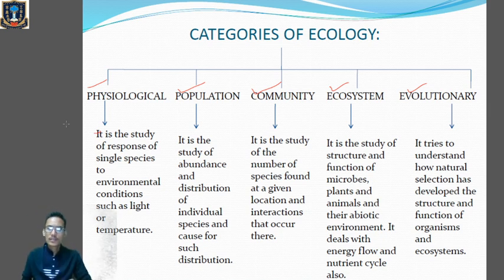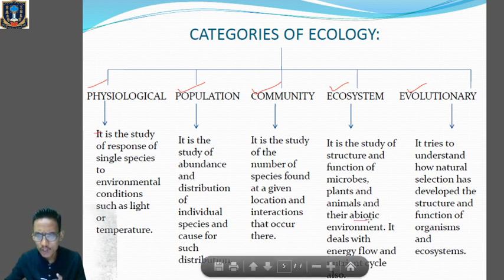Next comes ecosystem ecology. Ecosystem ecology is mainly the study of the entire structure and function of microbes, plants and animals along with their abiotic environment. Abiotic environment means non-living environment. Listen very carefully.